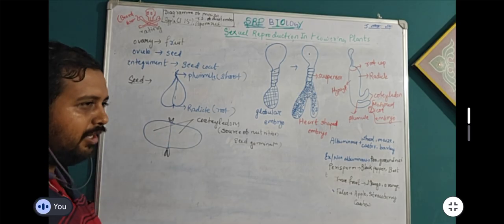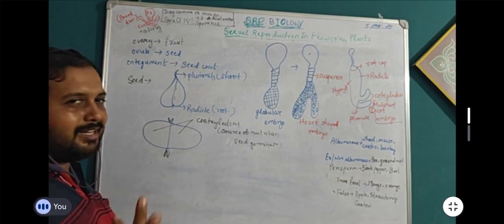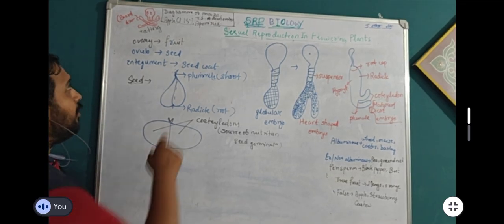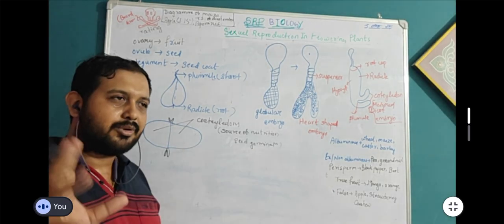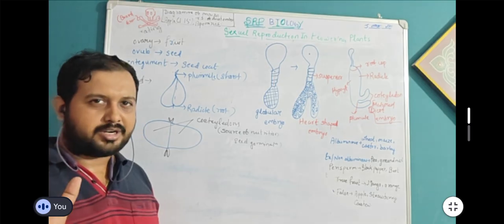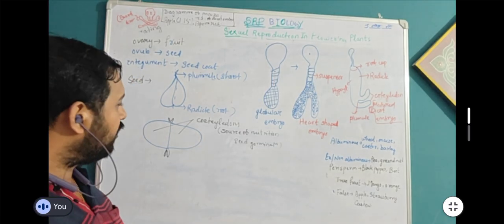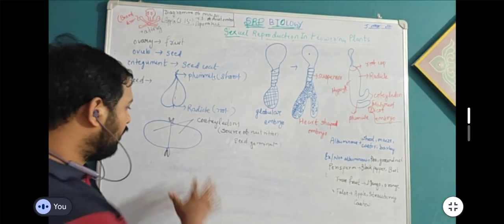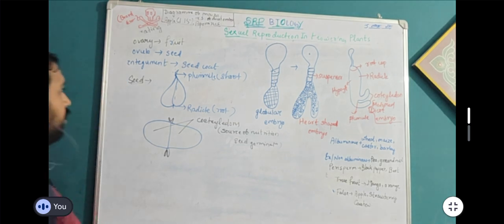Therefore, whatever dal pulses we used to take are highly rich in protein. But when we talk about maize, maize has only a single cotyledon and it is much richer in starch and other carbohydrate. So all the grains or cereal crops are single cotyledonous and have more nutrition as compared to pulses. But pulses have more proteins. So this is all about your seed.